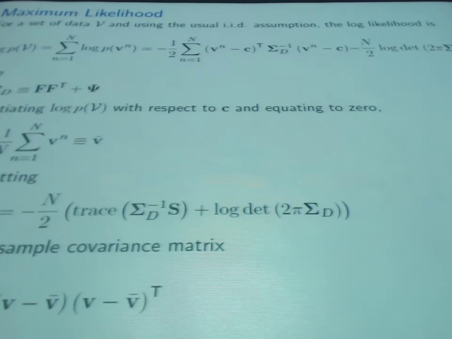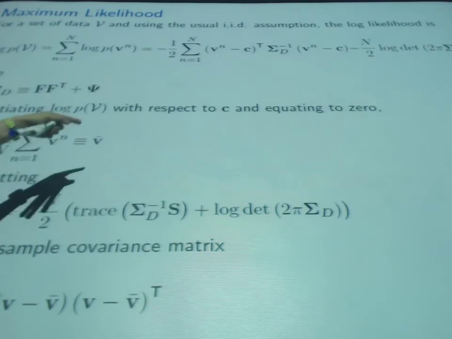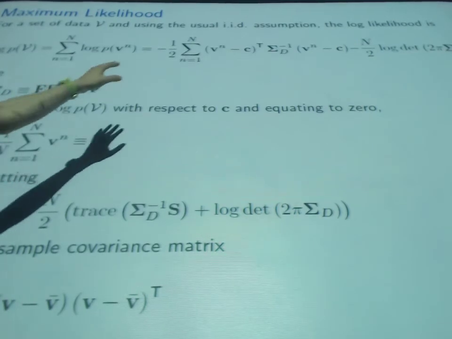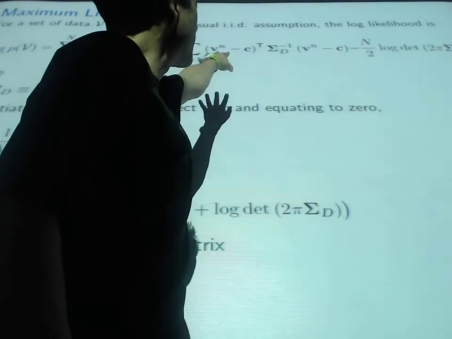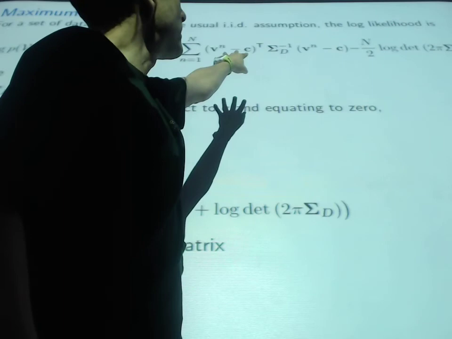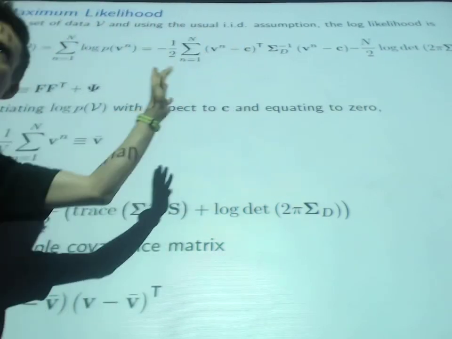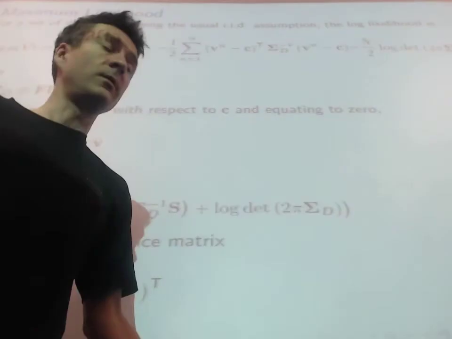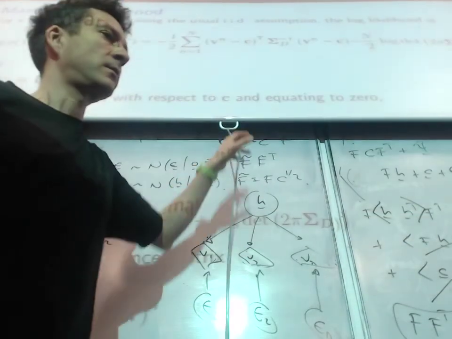You can then plug that setting of C, the mean of the data, back in, and then we can switch around this sum. So this v minus the mean, transpose sigma, we could write that, x transpose y is the same as the trace of x y transposed. That's handy, because we can then re-express this in terms of the empirical covariance matrix.